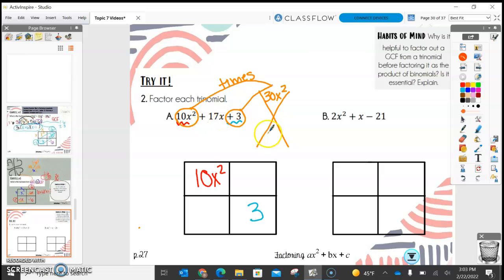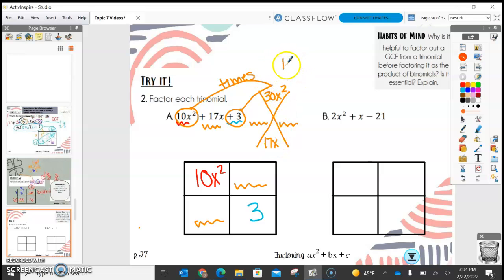Our term in the adding, these two empty boxes need to add to the number in the middle, just like in our easier problems. So I need to think of two things, these two squiggly marks that I'll put in those boxes, that multiply to 30x squared but add to 17x. Well, let's start with times.